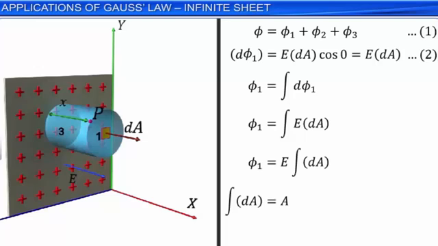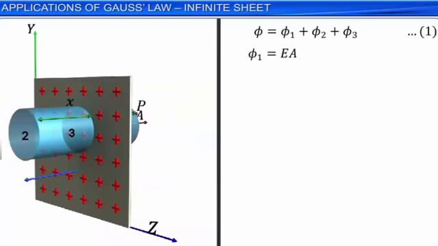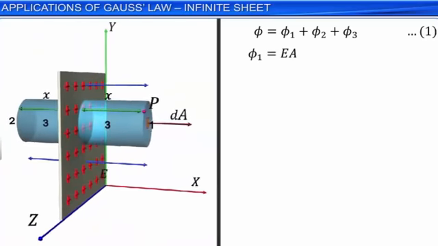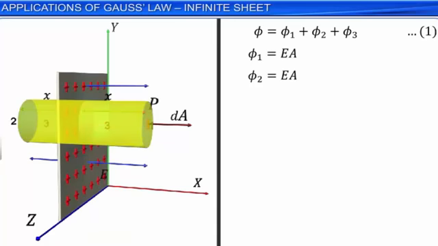Therefore, we get phi 1 is equal to EA. Since surface 2 is equivalent in all aspects to surface 1, the electric flux through surface 2, phi 2, is also equal to EA. Now consider surface 3, which is the curved surface of the Gaussian cylinder.